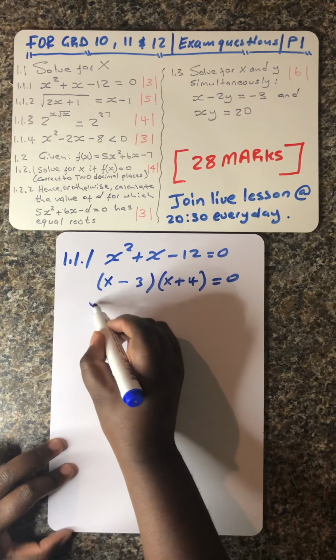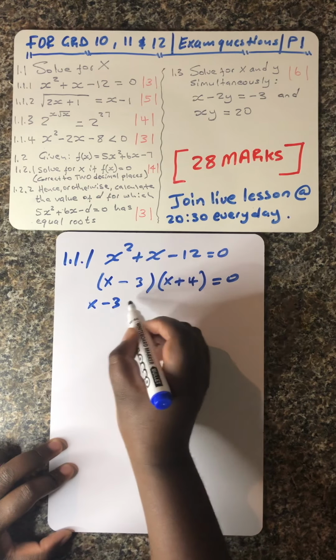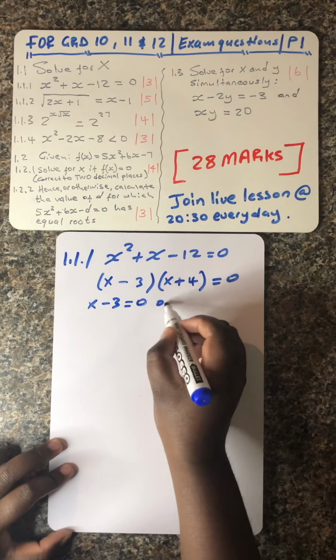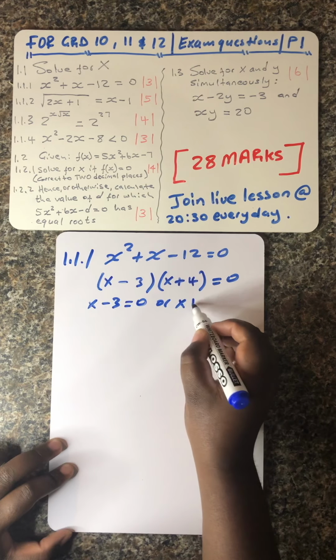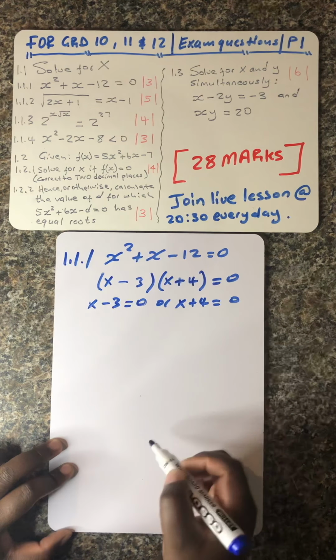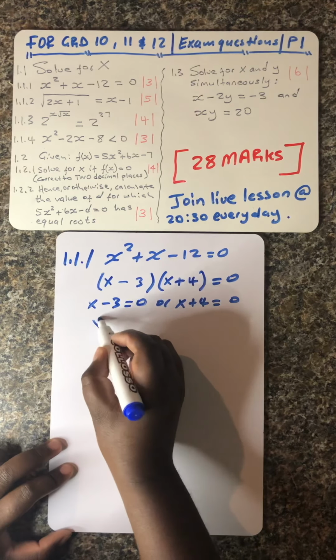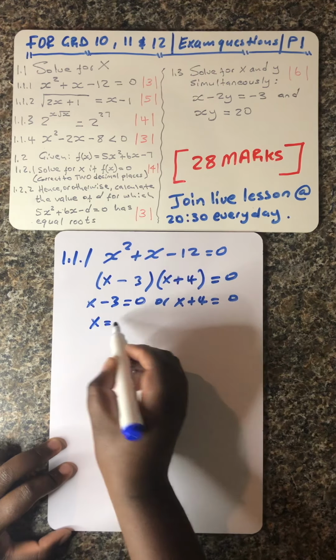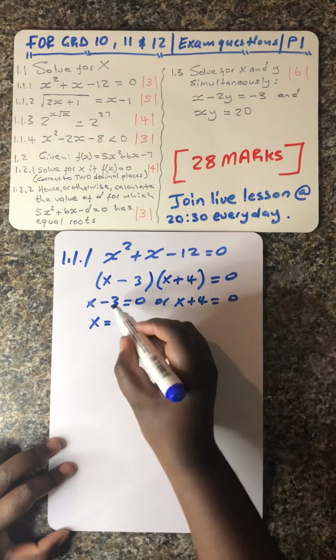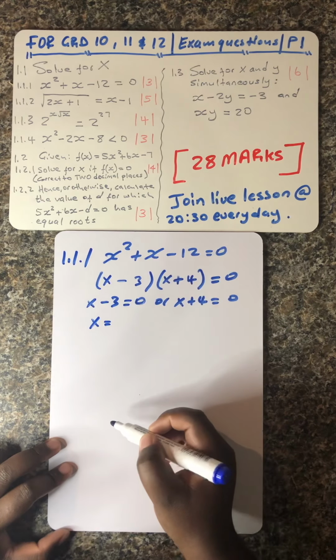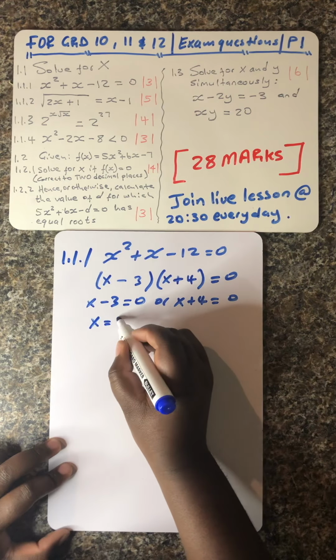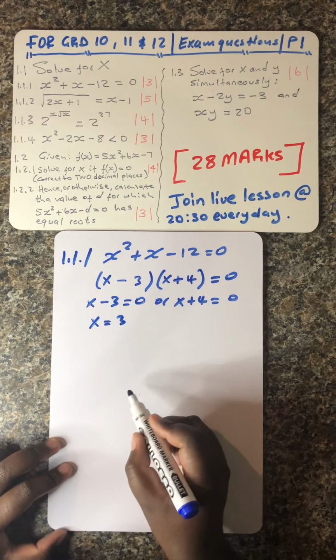Your last stage is just to equate this to 0, so x plus 4 equals 0. Because you're solving, you want to have x on the left side of the equal sign, and you move the number to the right side, writing it in the opposite sign, so it's positive 3.